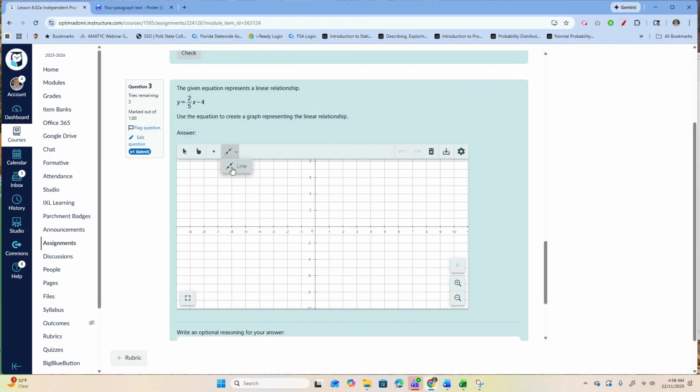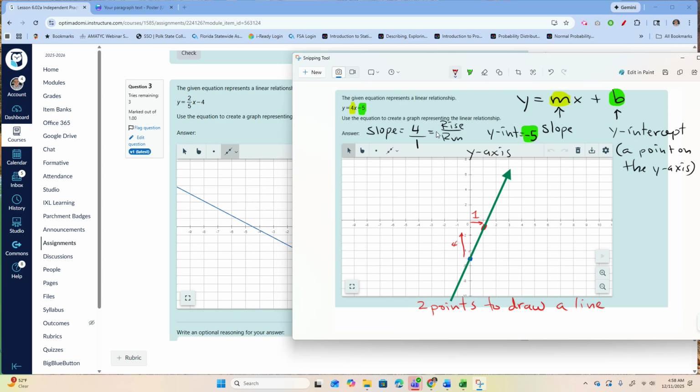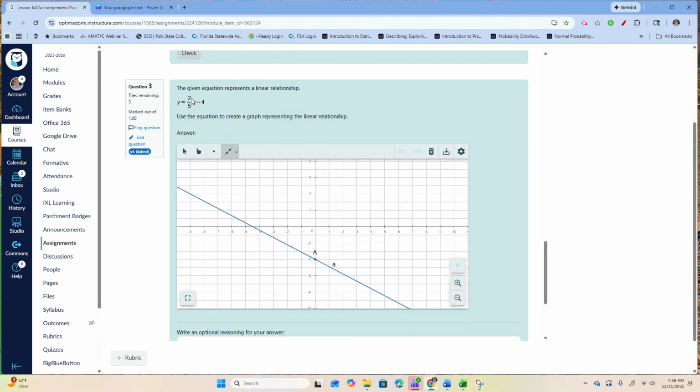So we're going to start with the y-intercept, -4. Click on the line tool. We're going to put -4 on the y-axis. Remember, this is the y. So I'm going to start in the origin. We're going to go down 4, 1, 2, 3, 4. That's my -4 here. Then my slope is 2 over 5. Remember that the slope is rise over run, which means that the 2 is the rise, the 5 is the run.